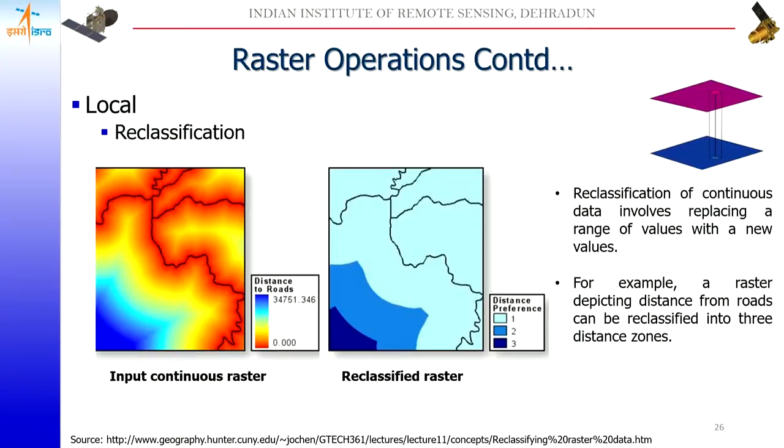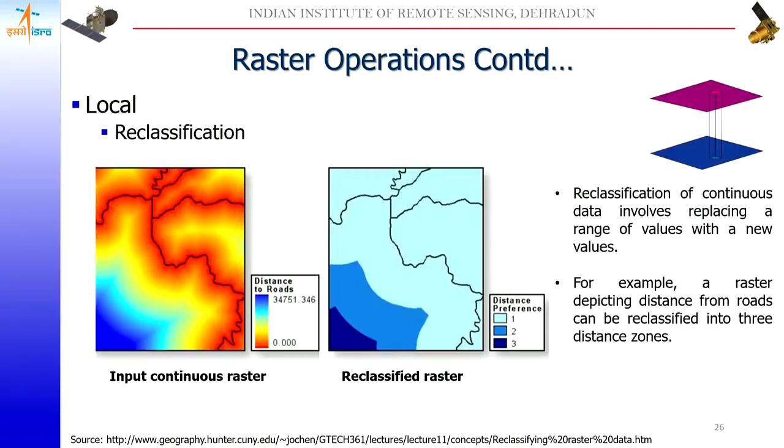There is no change to the actual data sets. But in reclassification, as you've seen, we are recomputing, assigning new values to the rasters, so there is a change in the data so that we can use them in the subsequent steps. Whatever we change in the symbology, as you must have learned in the previous lecture, was only for display purposes. Now the reclassification can be done both for the continuous raster.